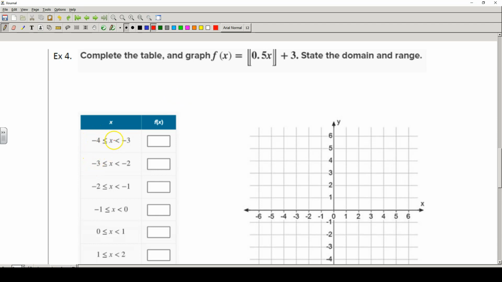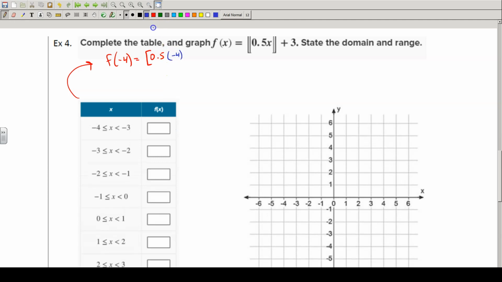So if x is actually equal to -4, I'm going to write this out again. So f of -4. What that would mean is I'm going to take a half of -4, so 0.5 times -4, and then I'm going to say plus 3. And so this is going to give me -2 right here, plus 3.